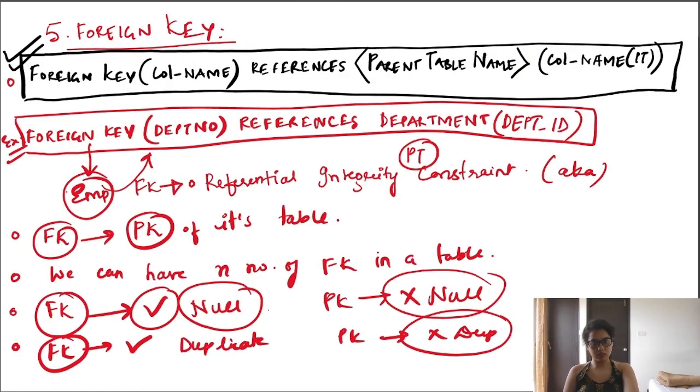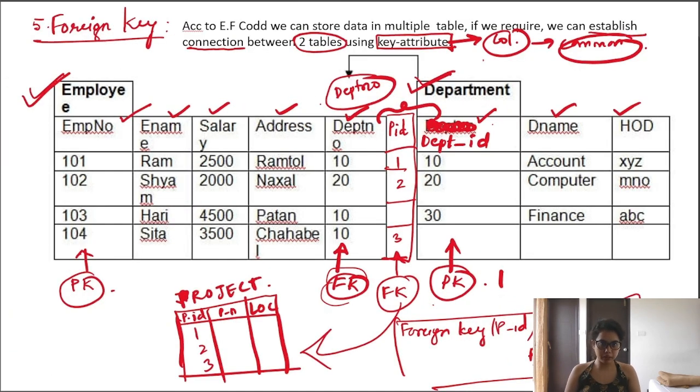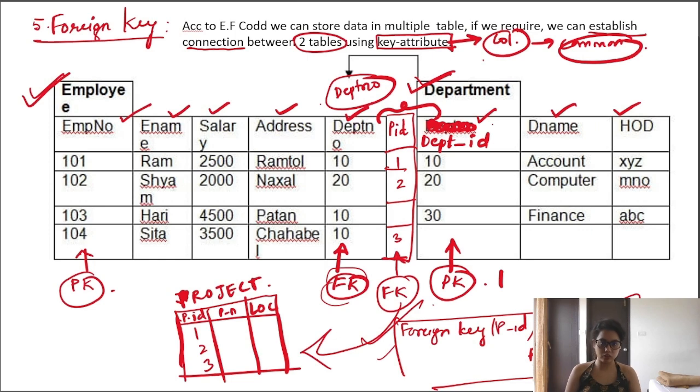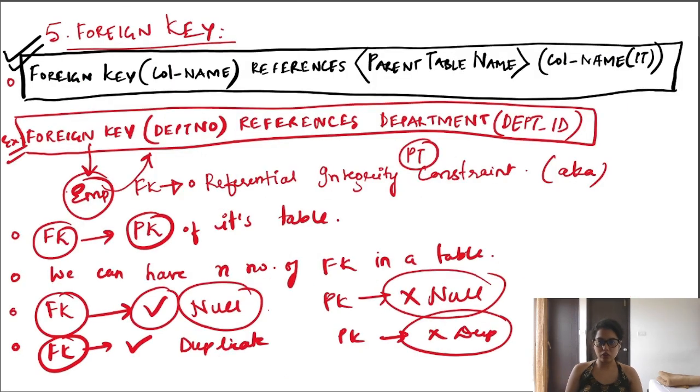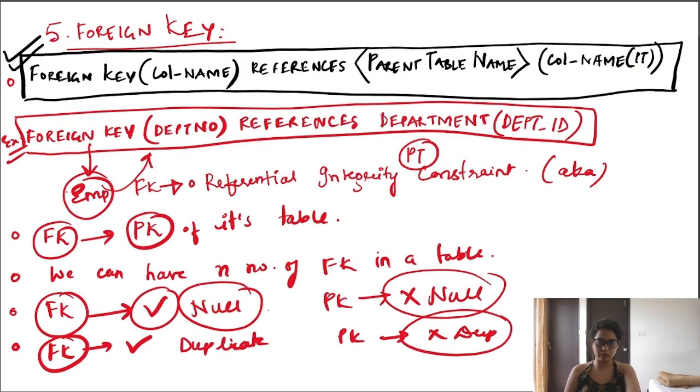Third point, we can have n number of foreign keys in our table. We made one more column here, project ID, and converted it to a foreign key using the syntax. Next point, in a foreign key column we can have null values, as we have seen here, and we can also have duplicate values. Suppose I give the number 1 here again, it won't throw me an error.